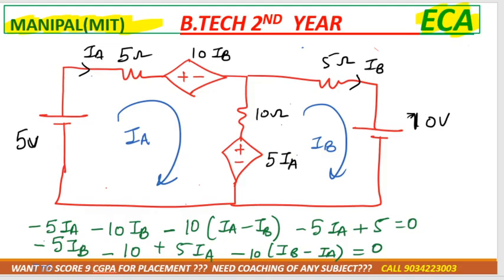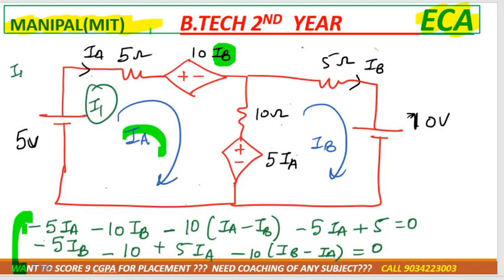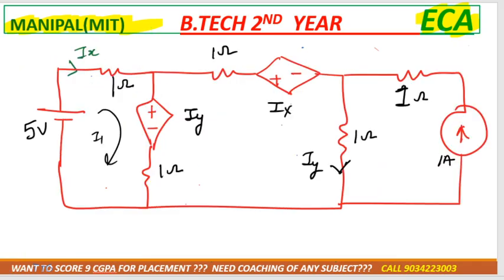Now see, we got the two mesh equations, right? So now it's depending on current. So now we have to search for IB, right? We don't need another equation. We'll have two variables, two equations, because we have taken IA दिया तो हमने IA ले लिया. अगर मैं यहाँ पे ऐसे I1 ले लेती, then we can write it down like I1 is equal to IA. But in this we don't need an equation.